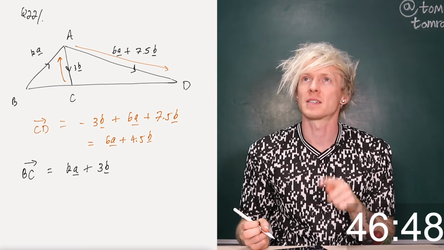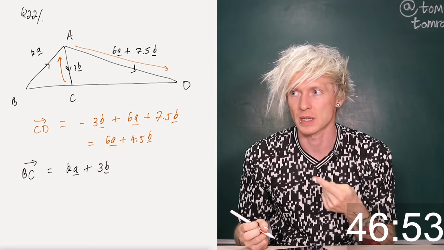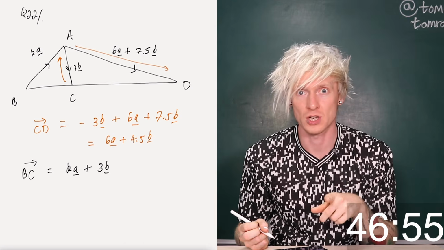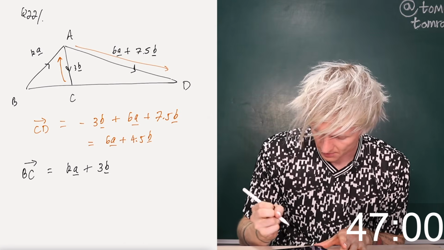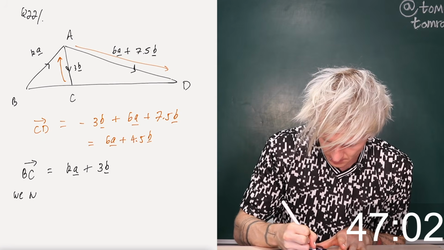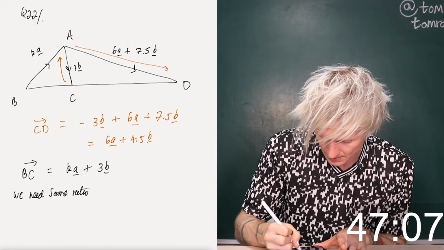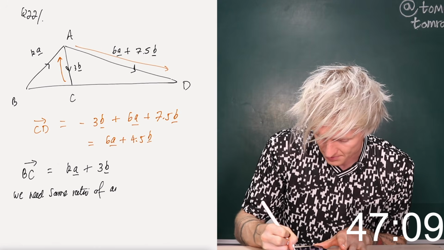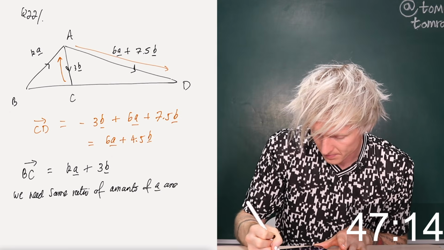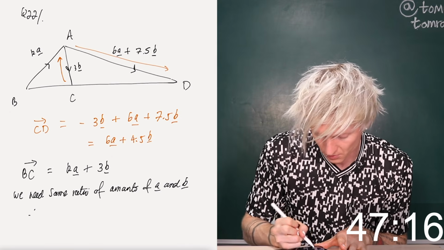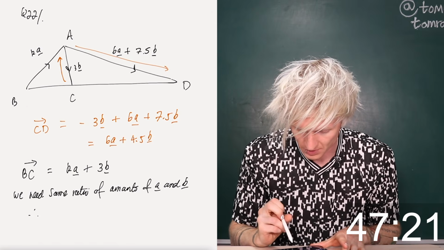And that needs to have the same direction as CD. So it needs to be in the same ratio of the amounts of A and B. So therefore, what I can write is, we need the same ratio of amounts of A and B. So therefore, we can say, what have we got?